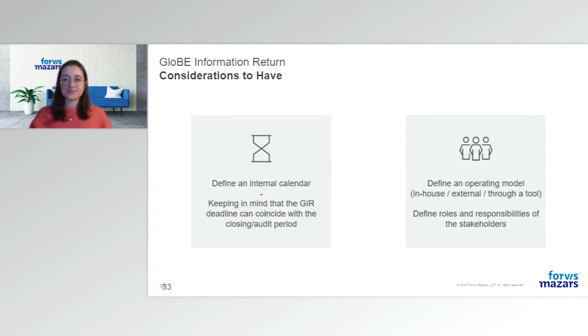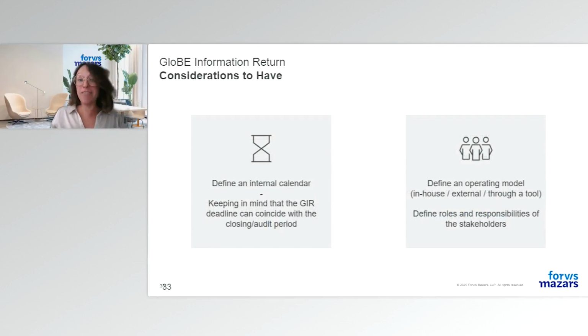So maybe the consideration to have, and I think it's going to be the same that we said since the beginning: define an internal calendar, keeping in mind that the GloBE information return preparation or deadline can coincide with the audit period in some cases. Define an operating model, and define the roles and responsibilities of the stakeholders.